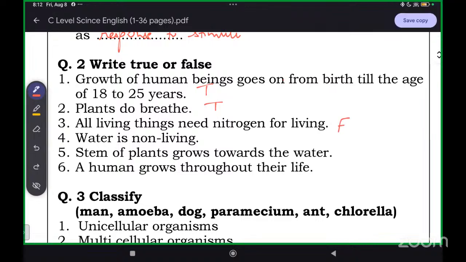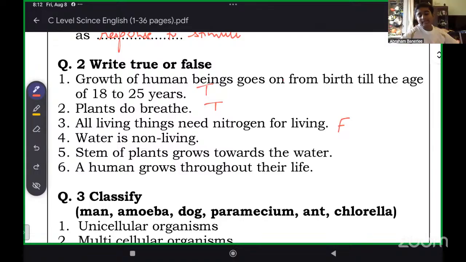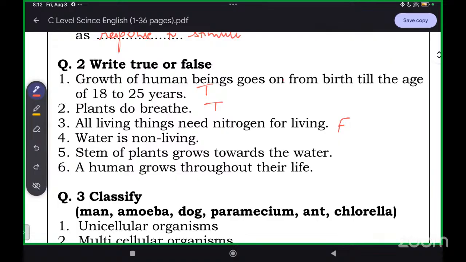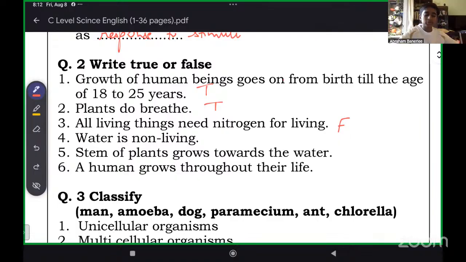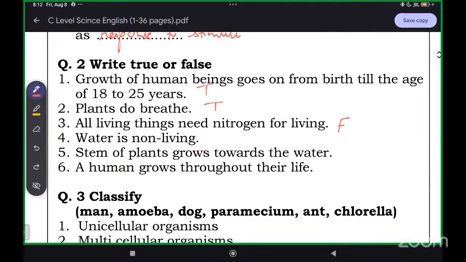No, plants also do not need. Plants need nitrogen because without nitrogen they won't grow. Nitrogen is used to produce proteins in plants. Okay, yes. Water is non-living.